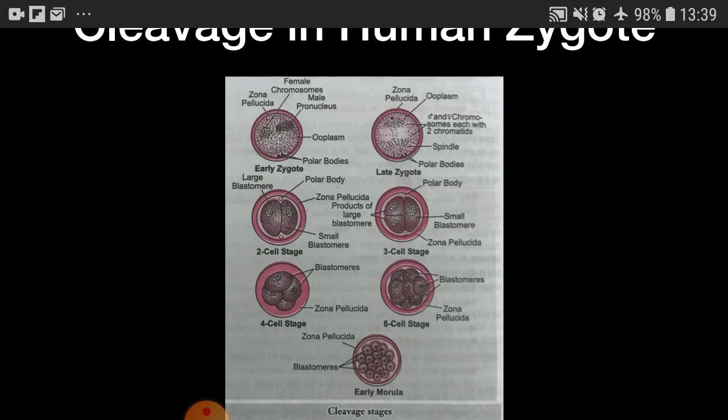Now, what is the significance of cleavage? Cleavage restores the cell size and nucleocytoplasmic ratio characteristic of the species. It does not result in growth, though it increases the number of cells. During cleavage, cellular activity is still mainly controlled by the organelles and molecules received from the secondary oocyte cytoplasm.